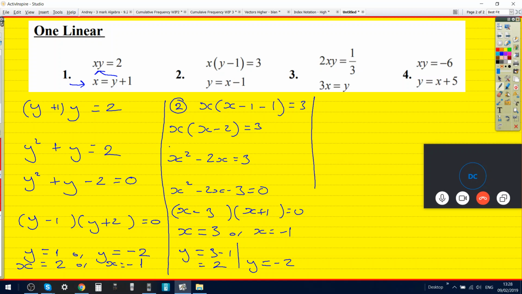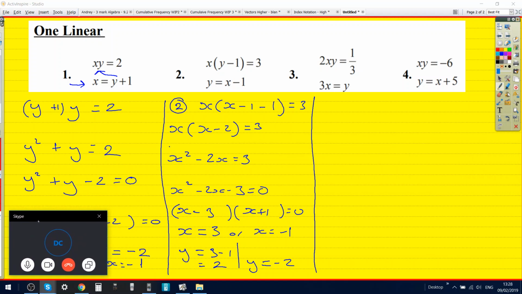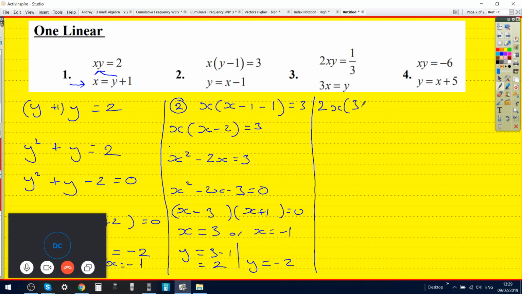Okay, let's try 3. Slightly different. 2x bracket 3x close bracket equals 1/3.